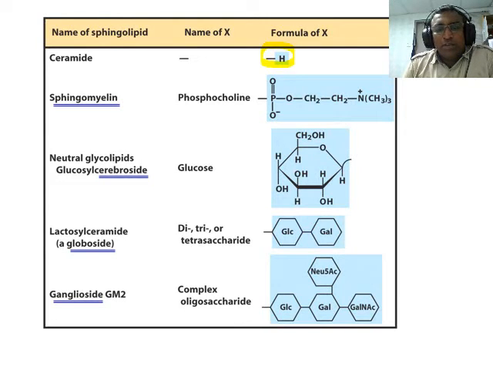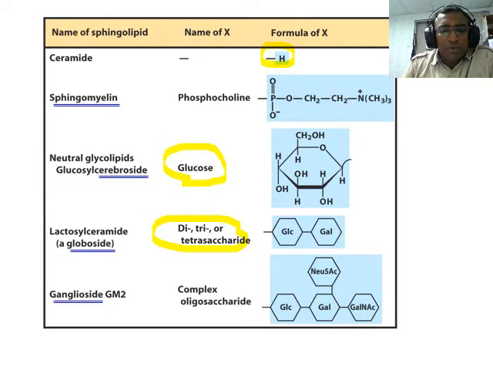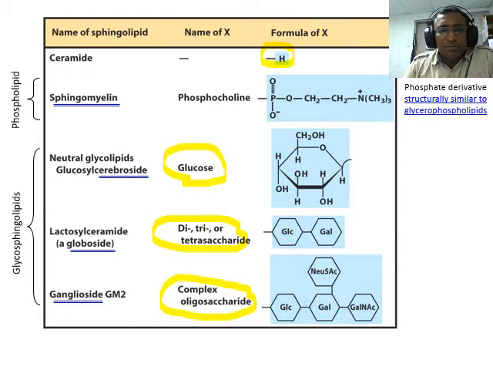And if it's sugar, doesn't matter if it's a single monosaccharide or a few monosaccharides, then it will also be referred to as sphingolipid. It also can have a more complex oligosaccharide, as you can see here, made up of monosaccharide and also modified sugar. These are all the names of the groups.